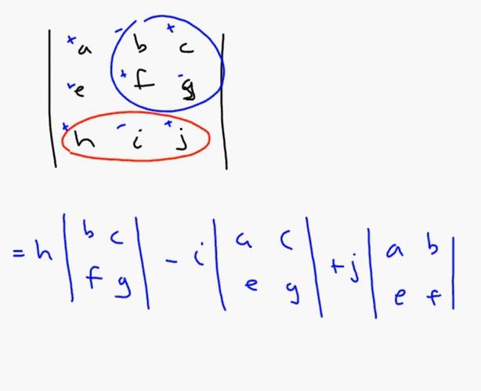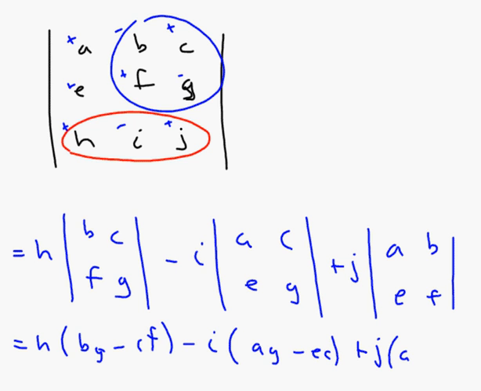So go ahead and take a minute and try and reduce that. So if we finish this off, this is going to be H times BG minus CF, minus I times AG minus EC, plus J times AF minus EB.